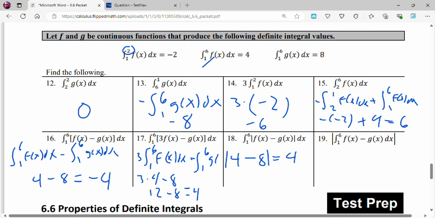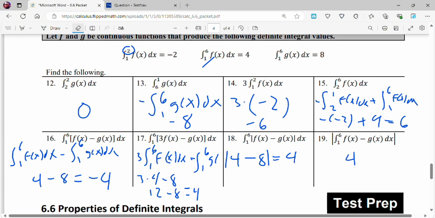That would be wrong. That would actually be the answer for the next question, 19. As for 19, the process you would do is solve for the inside first and then apply the absolute value after. So that's what you would do for number 19.